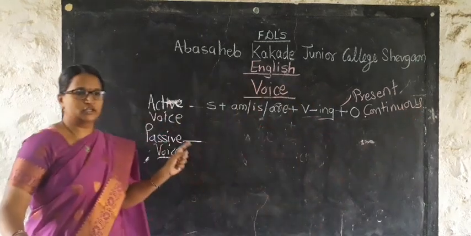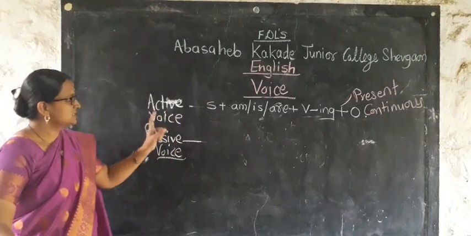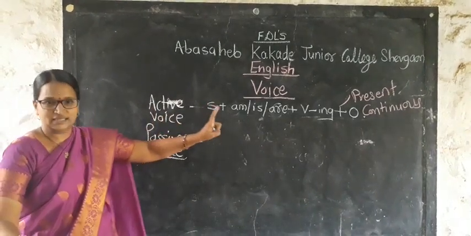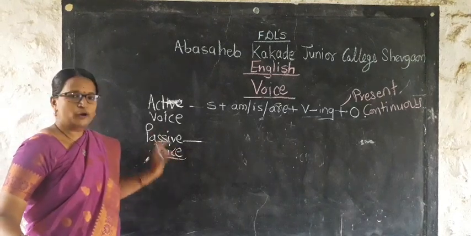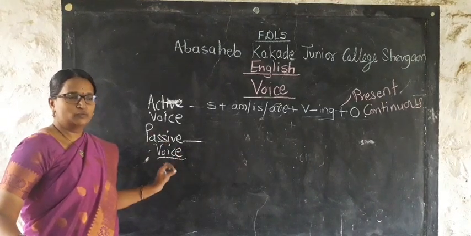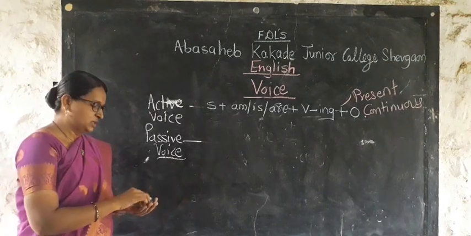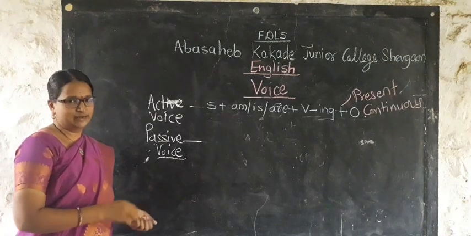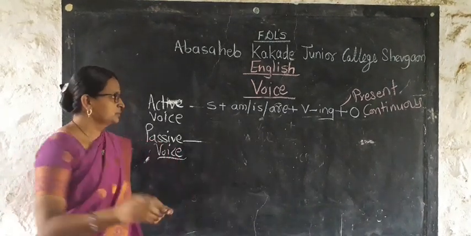Okay, present continuous tense. Now we have to turn this active voice of present continuous tense in passive voice, and for that purpose now again we must know structure of passive voice. Now here we have written a sentence. We are going to take the same example.